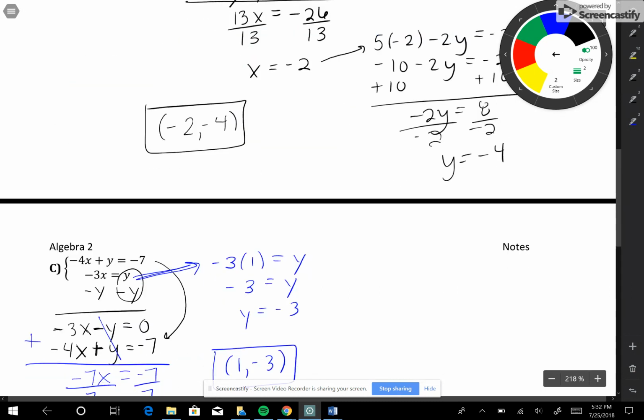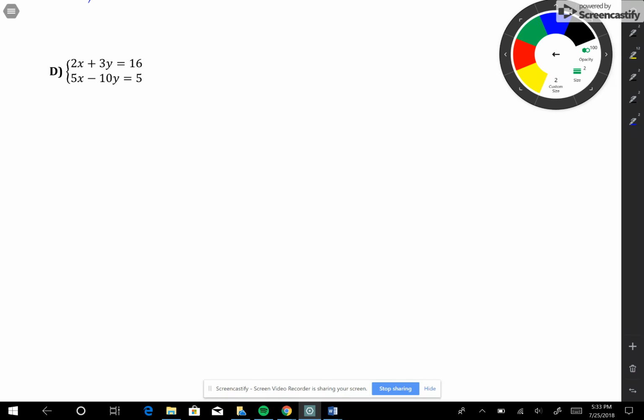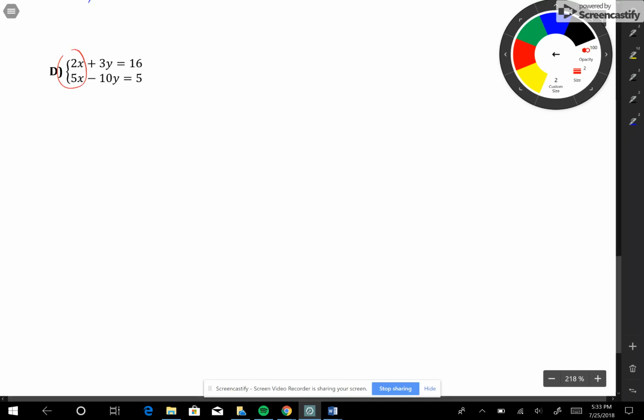Unfortunately, when I go back to the problem we're talking about, 2 does not go into 5, 3 does not go into 10, and vice versa. When this happens, we actually have to multiply both equations, and I usually just choose the ones with smaller coefficients to eliminate. So I'm going to eliminate x.